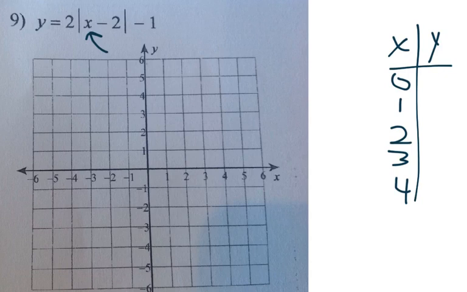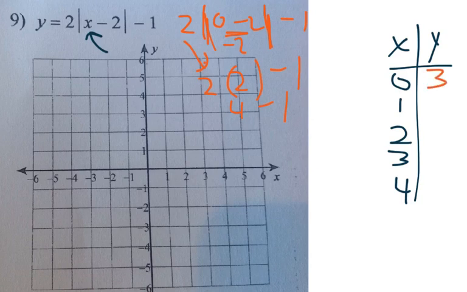And I'm just going to start with 0 right here and plug it in. So plugging in 0. Right here, I know 0 minus 2 is -2. The absolute value makes it +2. And then I'm going to times it by this other positive 2 and minus 1. 2 times 2, 4 minus 1 is 3. By symmetry, I know that's also 3.